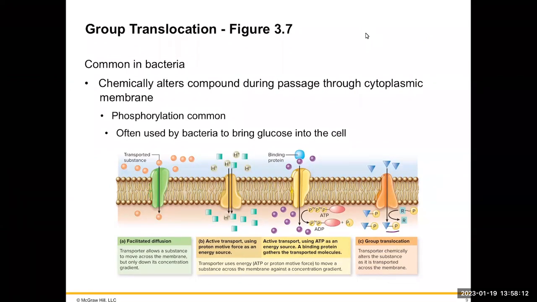So as the compound is moving through, this protein that's in here is going to change it somehow. So one way that we change it is phosphorylation. So with phosphorylation, what we're doing is we're adding a phosphate. So bacteria, when they're bringing a glucose molecule into the cell, as it comes through, it's changed a little bit. And what they're doing is the bacteria are adding a phosphate to it. So it's going to make that easier for the bacteria to actually use the glucose with the phosphate once it's in the cell.